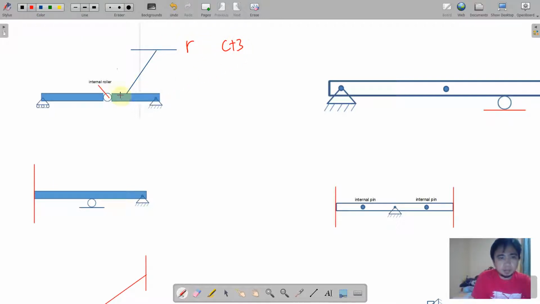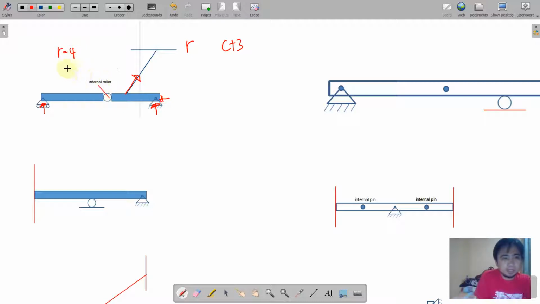Counting the number of R, we have here one reaction, two reactions here, and of course this cable is counted, so there are 4 reactions all in all.